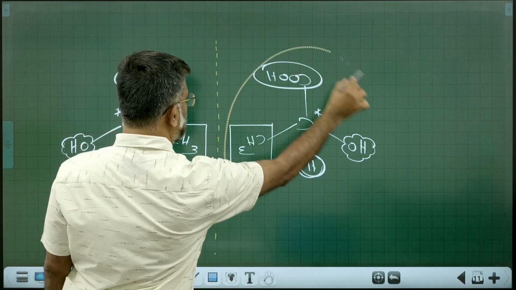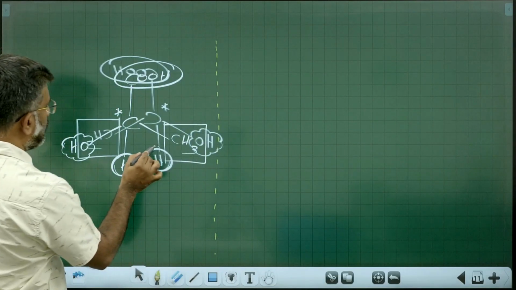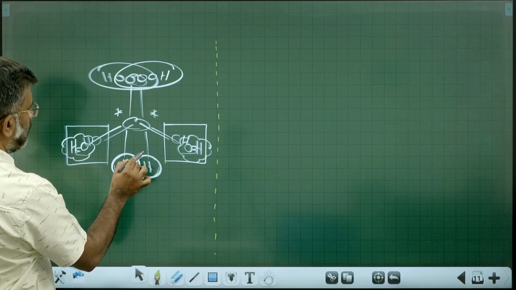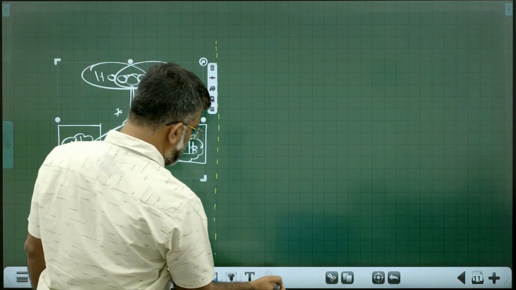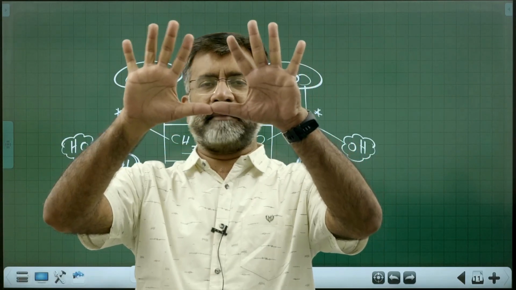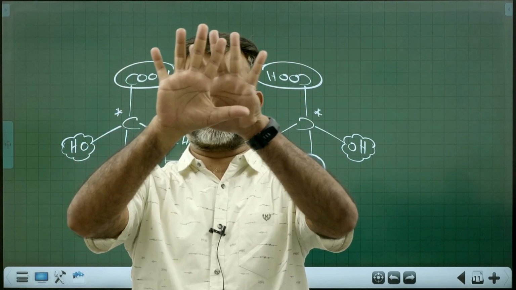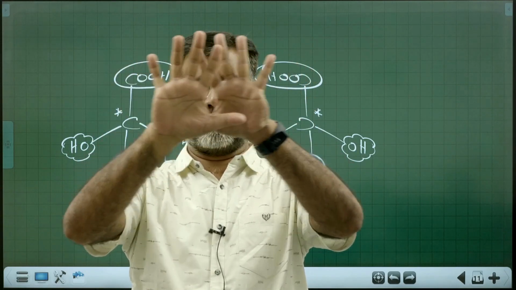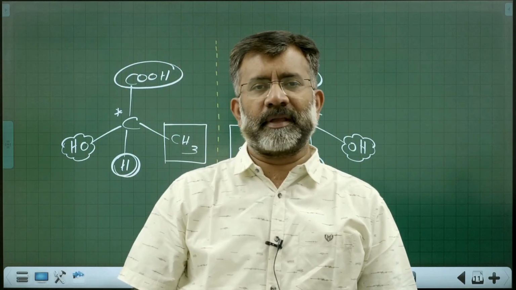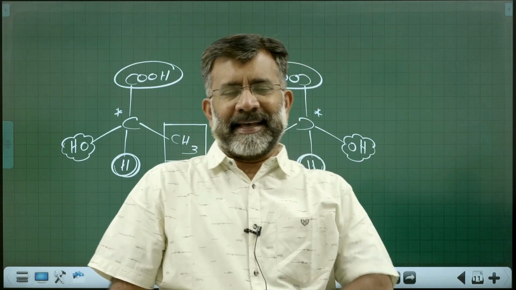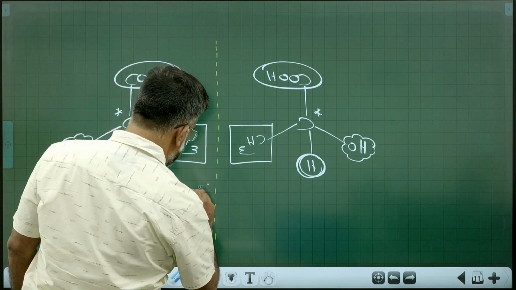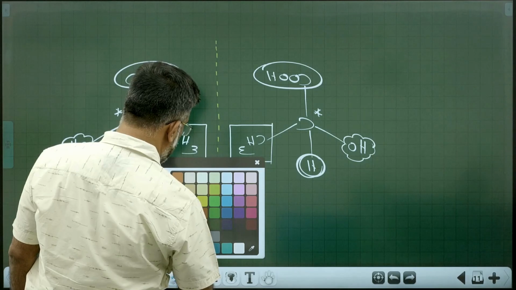If you take this mirror image and try to place it over this, it will not superimpose. That is the meaning. It is like your hands. Our hands are a typical example of non-superimposable mirror images. Such molecules are called optically active compounds, optical isomers, and non-superimposable mirror images of each other are called enantiomers.